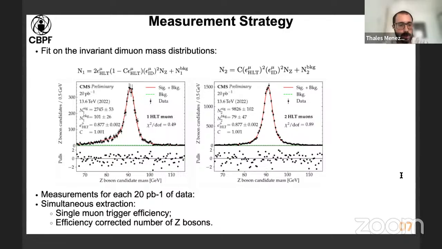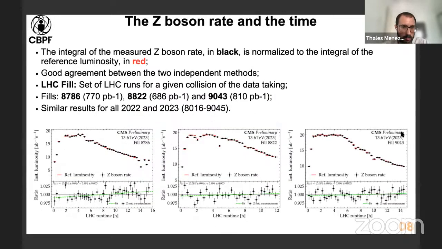With this application, we are able to extract in a simultaneous way both the single muon trigger efficiency, to further correct the number of Z-bosons, and the most important quantity, the efficiency-corrected number of Z-bosons. With this number in hand and the cross-section that we know for the Z boson to two muons, we can further derive what we call the Z rate, the Z boson rate.